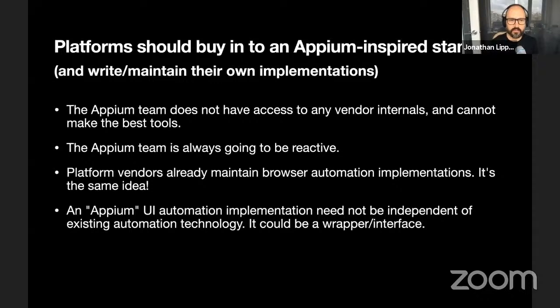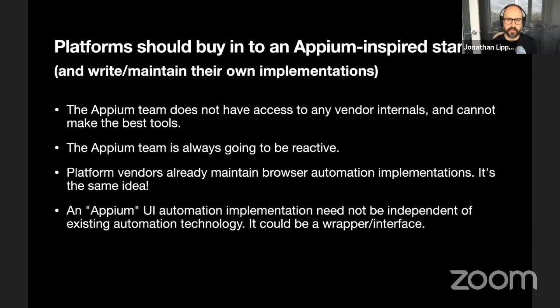So the last phase of this argument, I think, is that platforms should actually take on the responsibility, not just of helping us figure out what the standard should be, going through a standards process, but also then creating their own implementations of whatever the ultimate standard is, which again, I hope to be based on the work that Appium has already been doing.